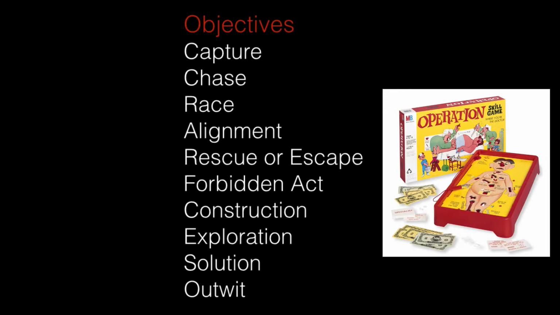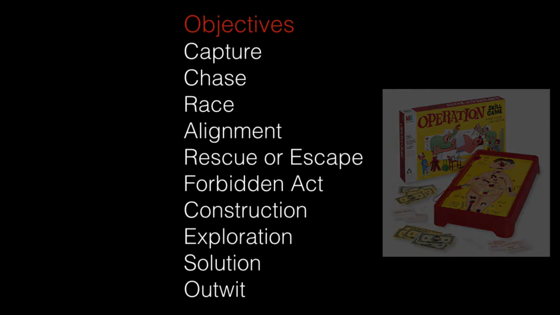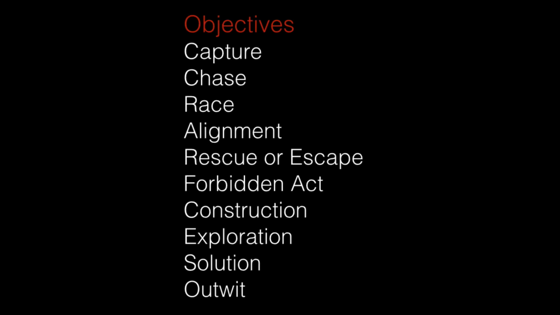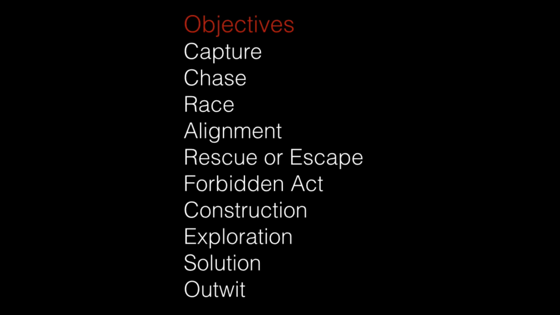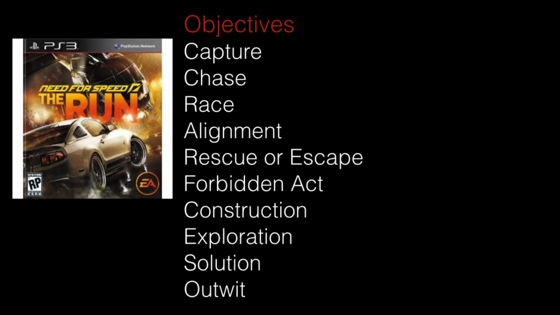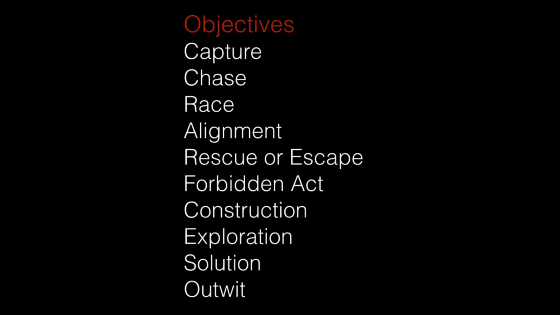And so it's about not doing things. So that's pretty interesting. There can be objectives of construction and exploration. There can be an objective on a specific level where it's about racing, and then the next one might be more about chasing, right? So there are ways of combining them as you think about how you're going to make your game fun.